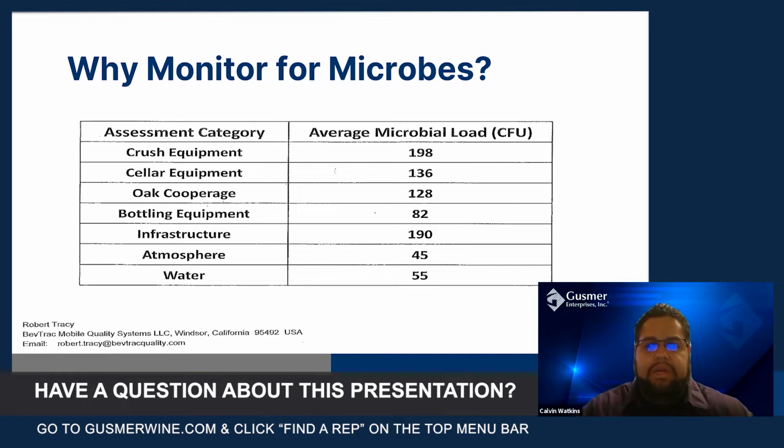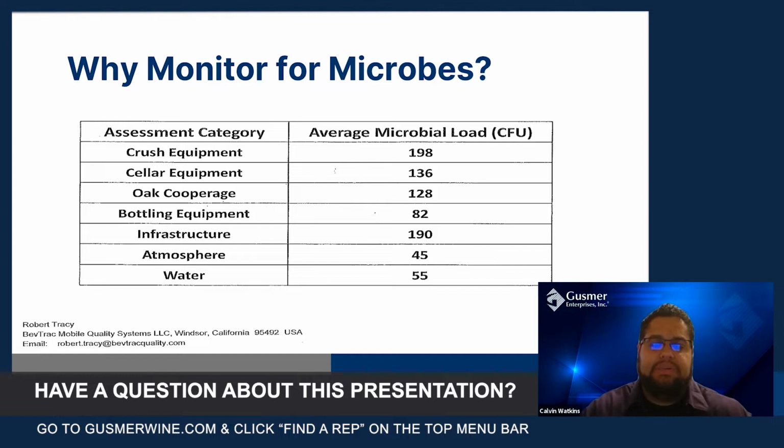Here's a quick info slide from a study done by BevTrack in Windsor. One of the highest culprits of micro in the winery is at the crush equipment, followed by infrastructure. So the building and the offices, that's second highest.